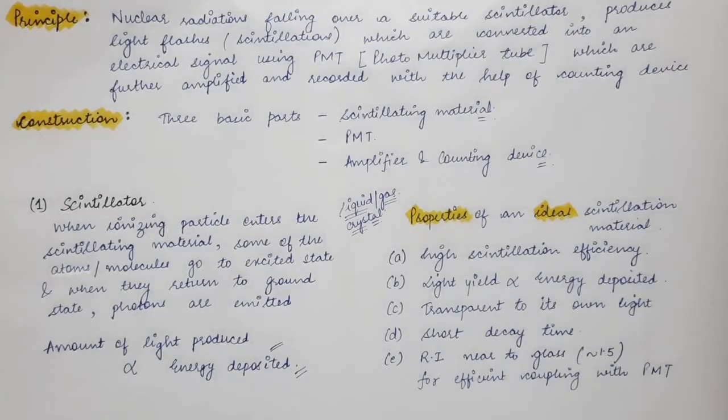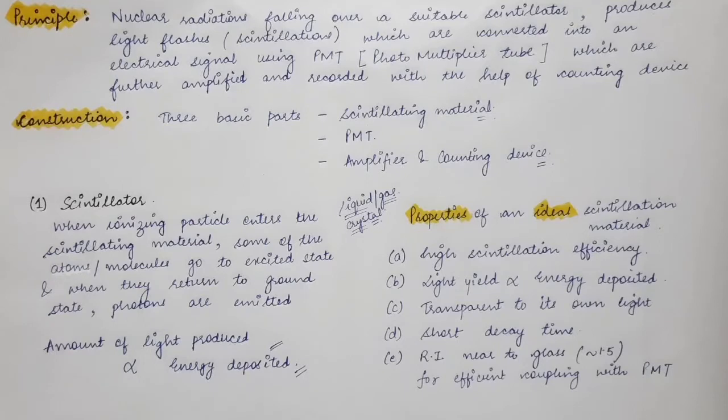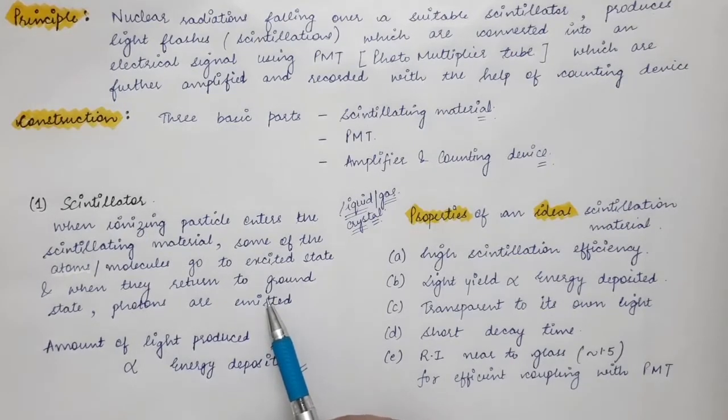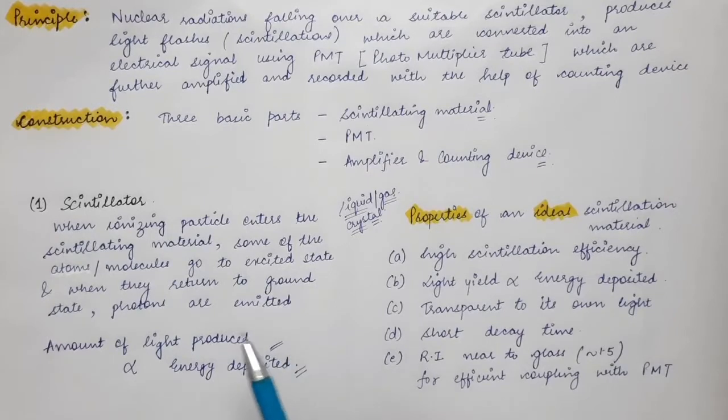Now let's look at the properties of an ideal scintillation material. What are the various properties that we must look at when choosing the scintillation material? First, it must have high scintillation efficiency. We have discussed that the energy released in the de-excitation process could be in the form of thermal energy, and it could also be in the form of light flashes.